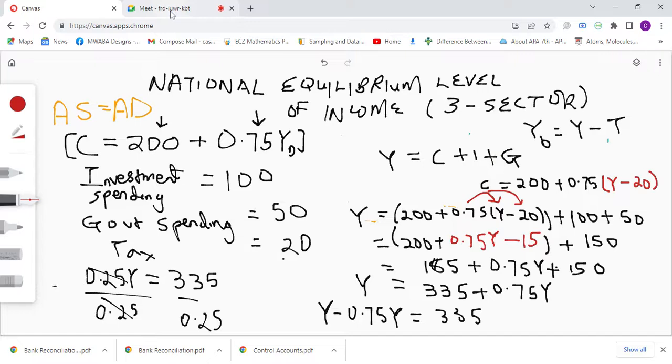So Y equals 1,340. So that is our income at equilibrium.